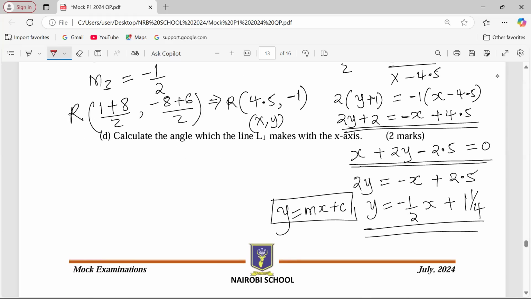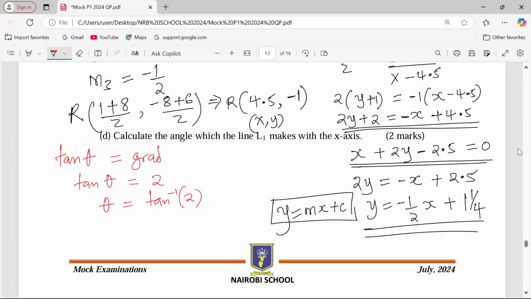So we say that tan of the angle equals the gradient of the line. So tan of this unknown angle equals the gradient of 2, meaning that the angle itself shall be given by tan inverse of 2.